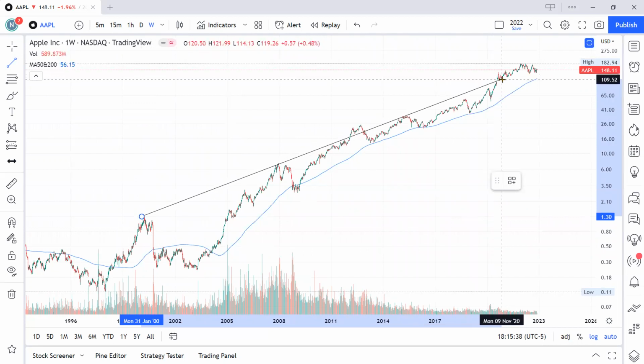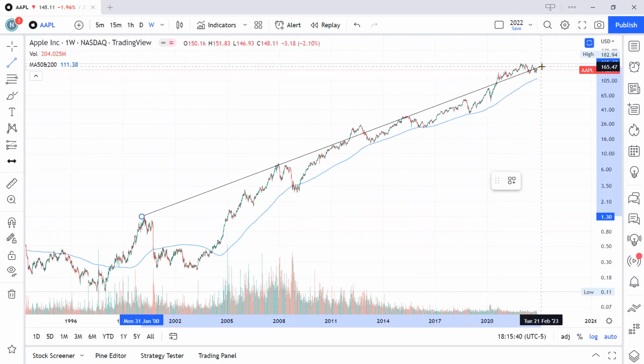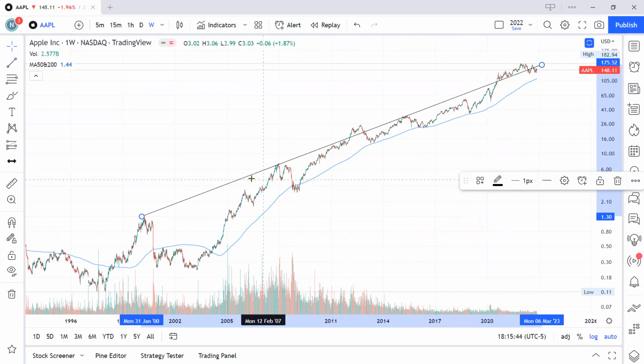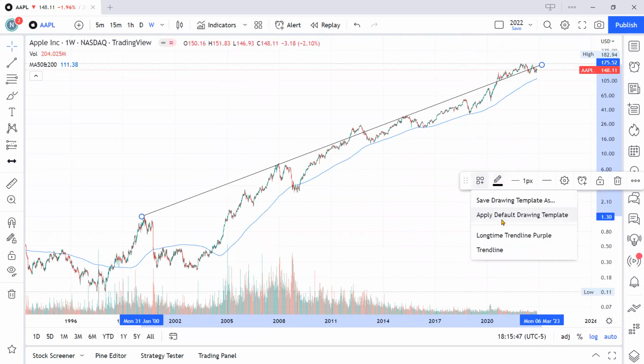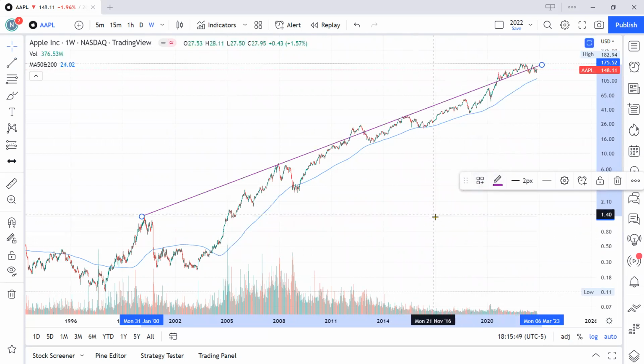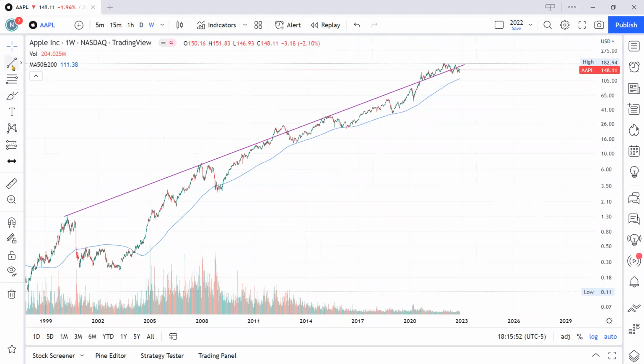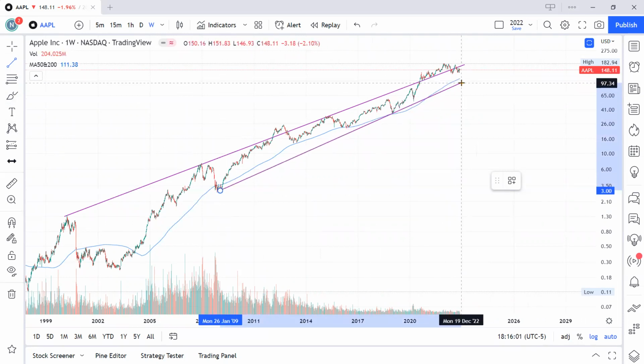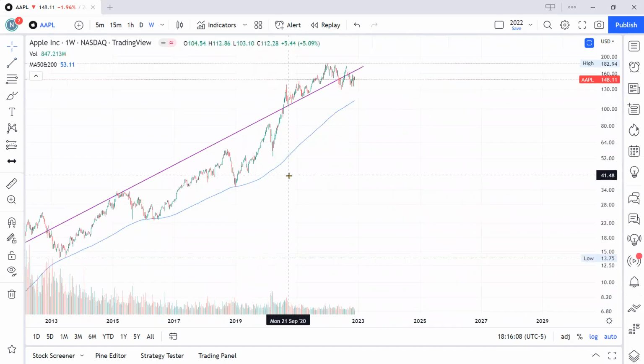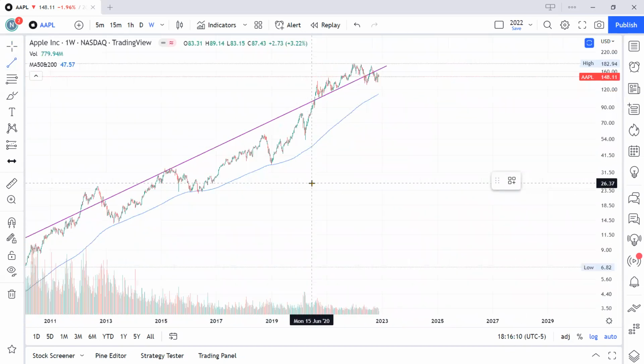Now, if you remember, my way of drawing trend lines is that I typically use the weekly to give me the broad brush feel for price movement. And then I'll go to the daily time frame to get some more fidelity for an actual trade. So for now, this is just meant to give us a feel for where a trend might exist.